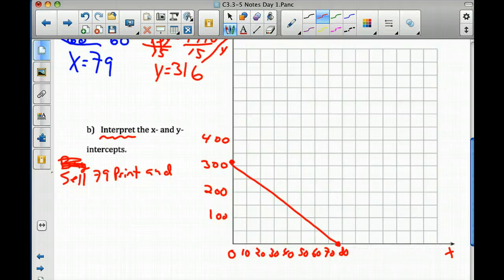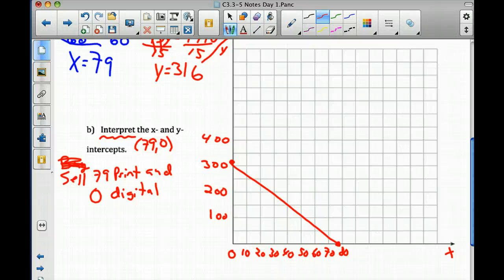No. If we sold 79 print ones, how many digital ones did we sell? 0 digital. Because it's the point 79 comma 0.